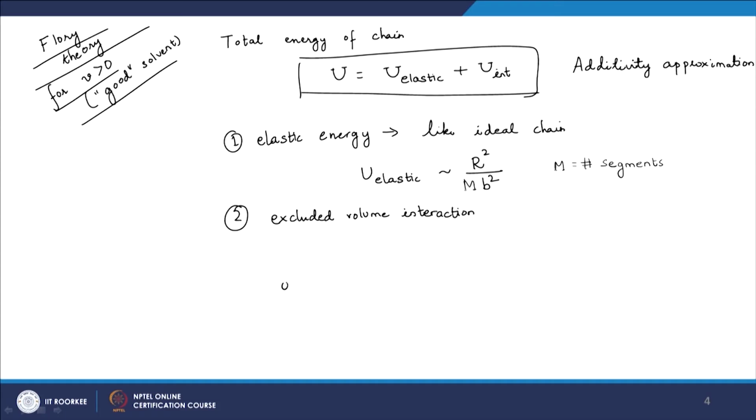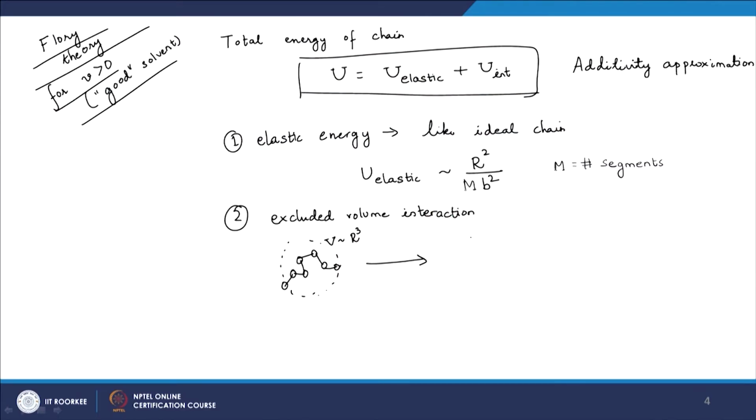of course, my chain looks like this. It occupies some volume. The volume, of course, in 3 dimensions scales like R to the power of 3. You can think of it like a sphere, which has a volume of 4 by 3 pi R cubed. We do not care about prefactors again.